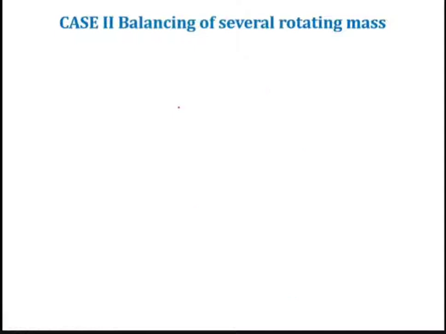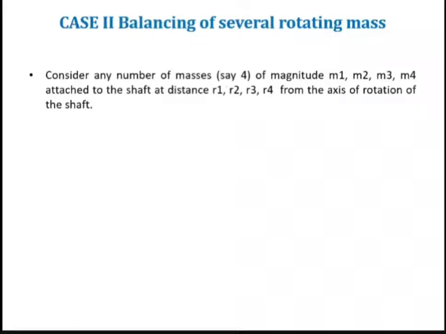But here in case number two, let us consider any number of masses. Let us take a count of 4, having magnitudes M1, M2, M3 and M4, attached to a shaft at distances R1, R2, R3 and R4 from the axis of rotation of the shaft. Is it clear?